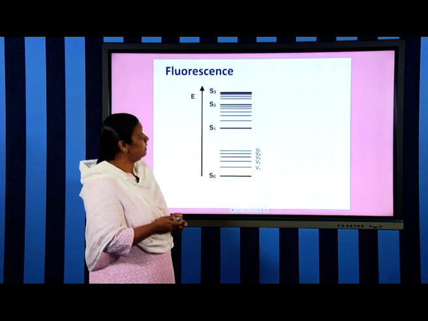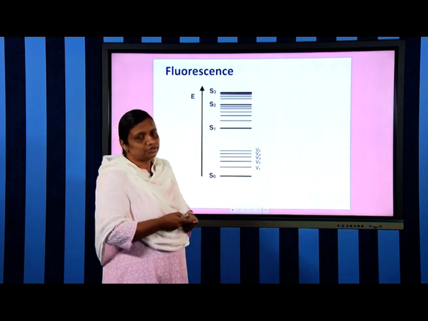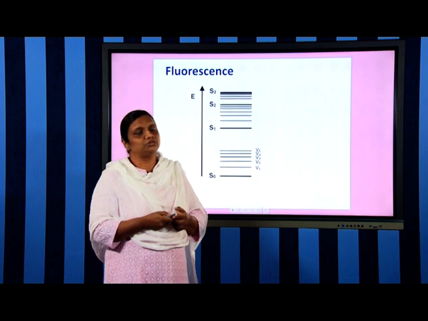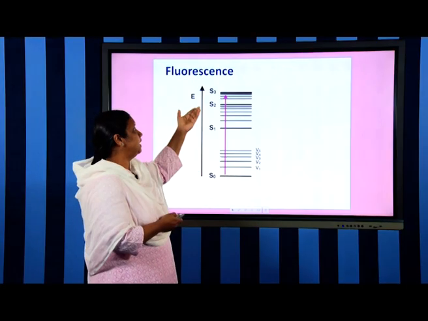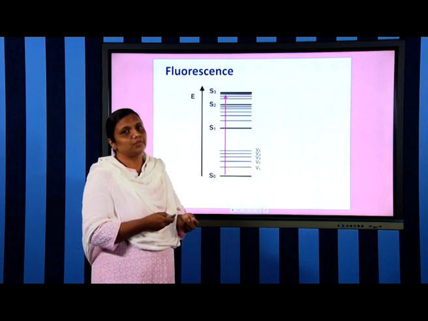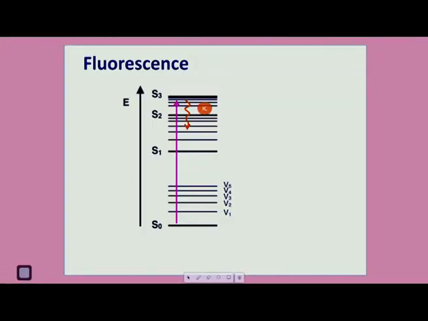All right. Now, coming to the radiative transitions, we shall move on to fluorescence first. The Jablonski diagram for fluorescence we can explain in this way. The electron goes from the lowest ground state to the higher excited state. From there it undergoes internal conversion or vibrational relaxation.